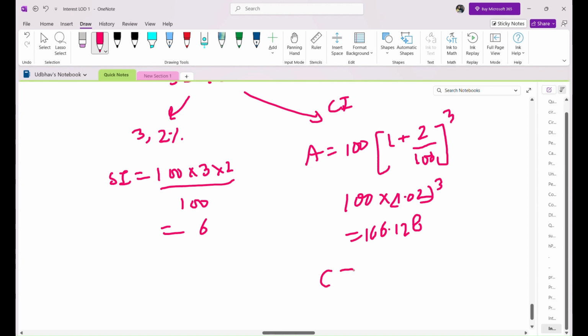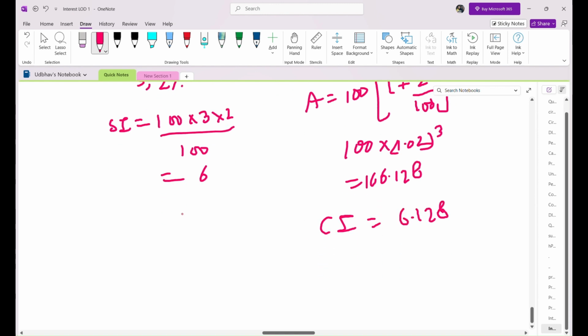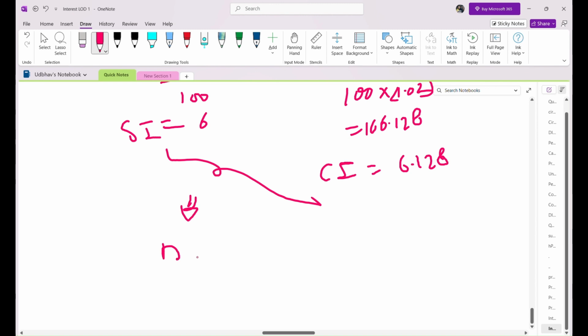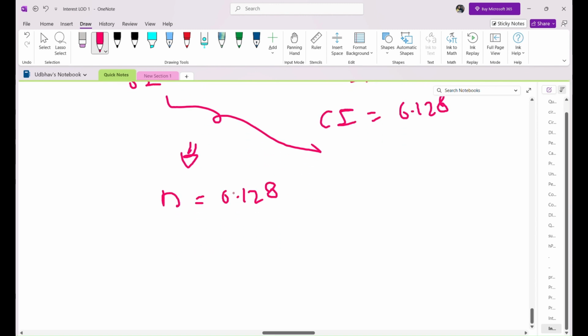So the compound interest will be 6.128. This is simple interest, this is compound interest. The difference is 0.128. So when the difference was 0.128, our sum was 100.